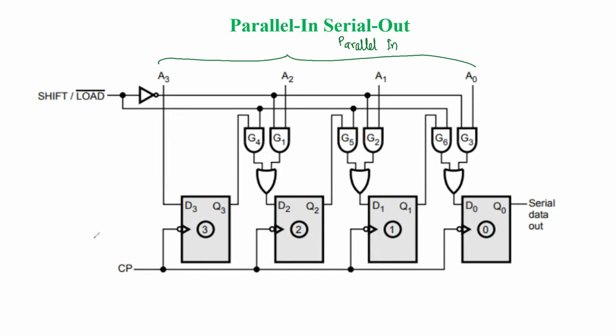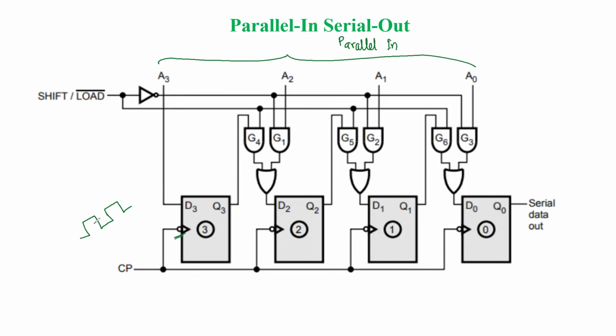Here, if you see the clock pulse, a bubble is used. That means whenever the transition goes from 0 to 1, that would be the positive edge trigger. But here a bubble is provided.